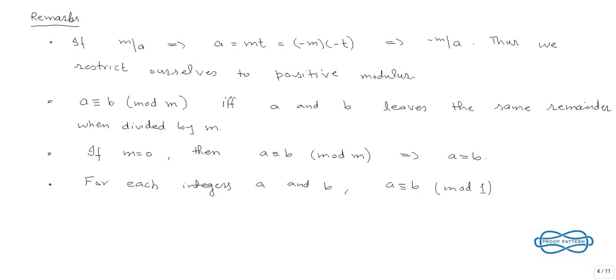Now we move to the theorem. The statement of the theorem is, let A, B, C and D be integers, and m a fixed integer. Then we can prove that A is congruent to A mod m.